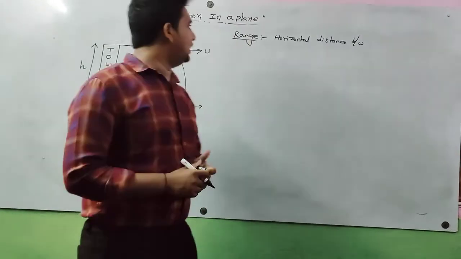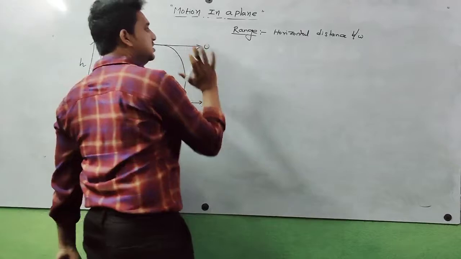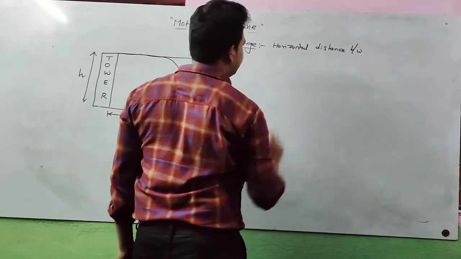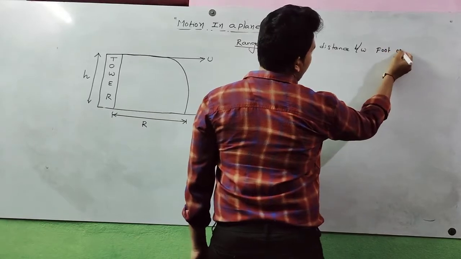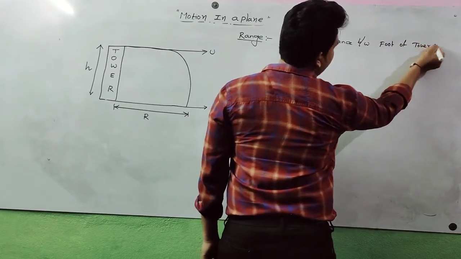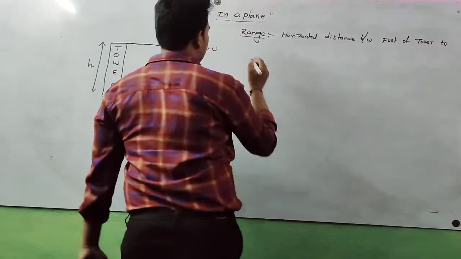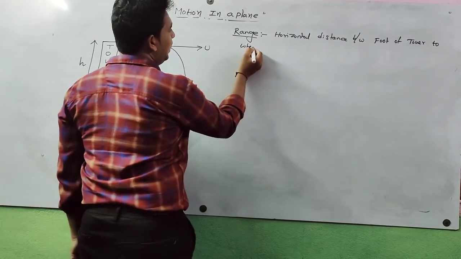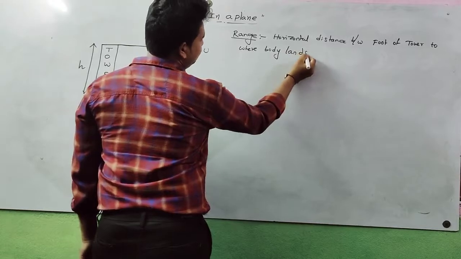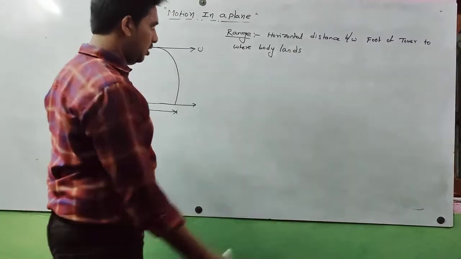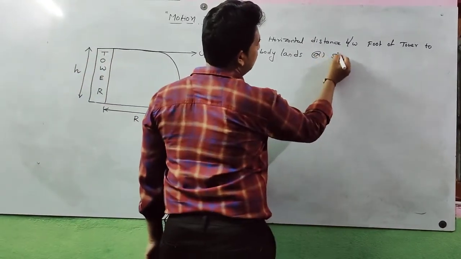Well, continuing our lecture, range is the horizontal distance between the foot of tower 2, where the body lands or strikes the ground.